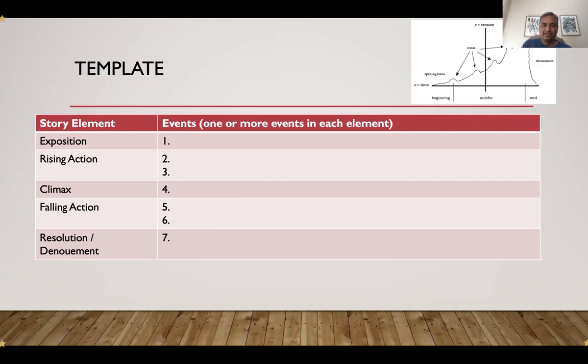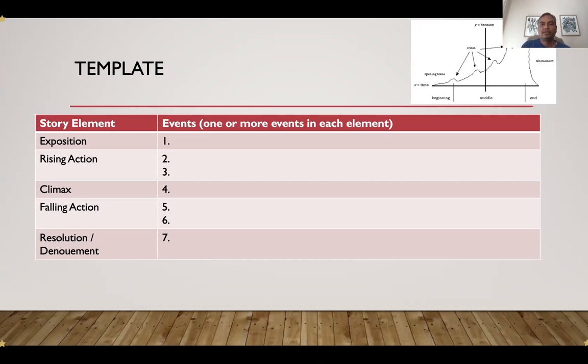So on the right-hand side, second column of this table, when you put together all the events, those are plot events. And then there will be more events as you start developing them into stories. Each row might have one or more than one event based on how your story is. So no constraints on exposition, for example, just having one, or rising action having only 2 or 1 or 3.